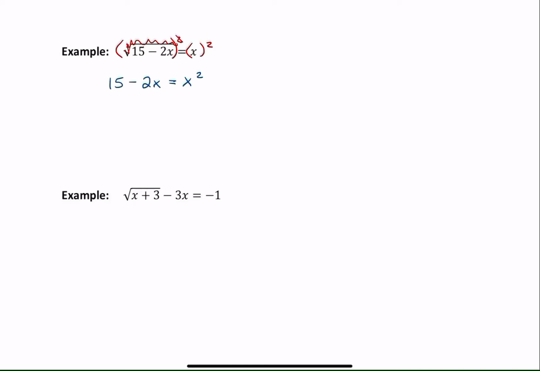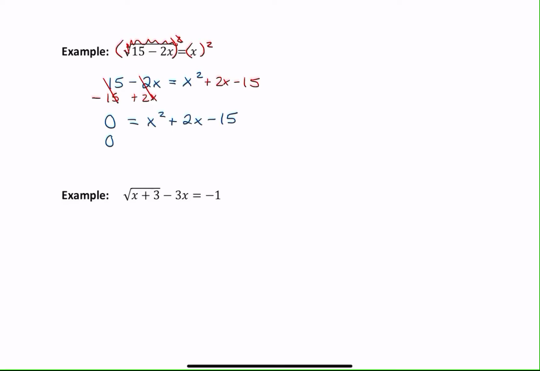Now, just like in the previous section where we had quadratics, now I have a quadratic without a radical. I'm going to get it set equal to 0. I'm going to add 2x to both sides and subtract 15 from both sides. So those will cancel and leave me 0 equals x squared plus 2x minus 15.